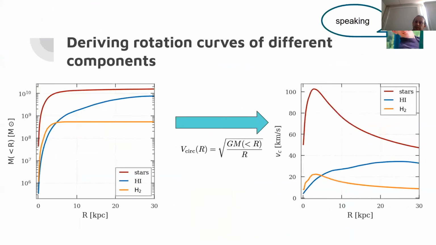From the mass profiles, we compute a formal circular velocity profile for all of the components. For example, for NGC 3621, the atomic gas contribution starts to be quite significant approximately after 7 kiloparsecs.